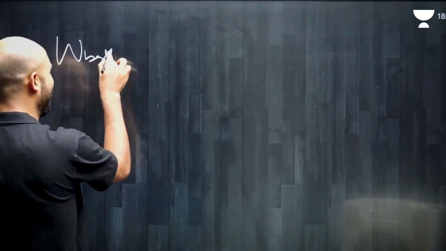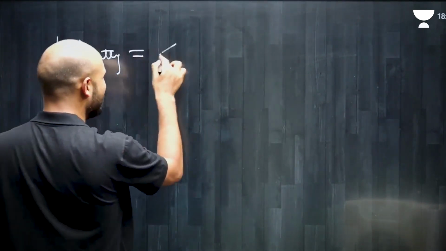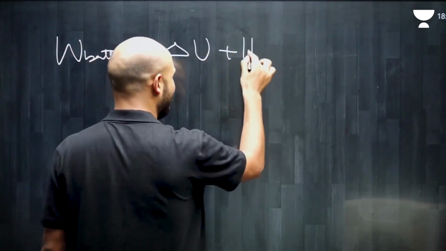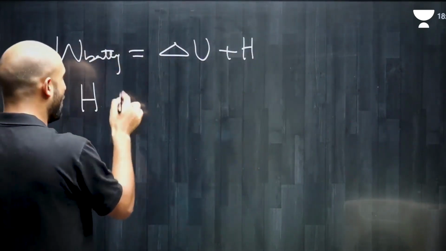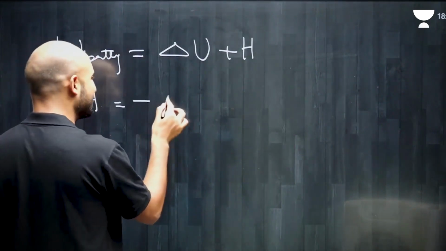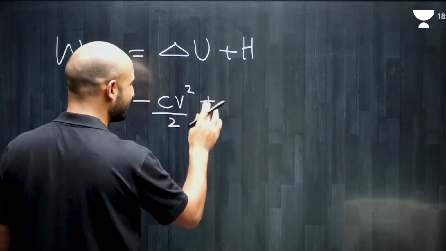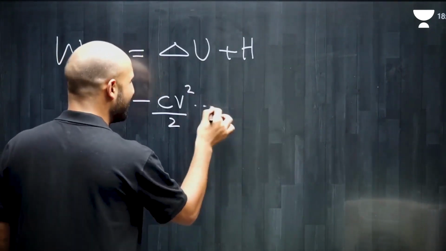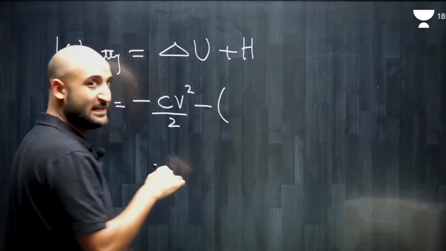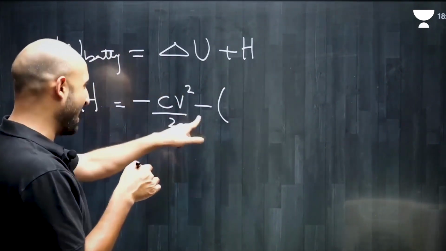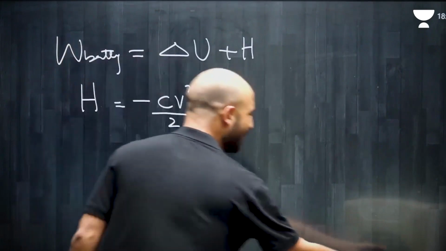Check it. I told you that work done by battery is equal to change in energy stored by the capacitor plus H. That means H is equal to work done by battery minus delta U. So minus delta U: U final, what's U final?